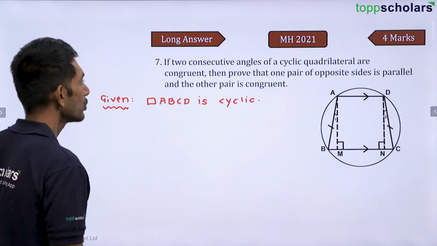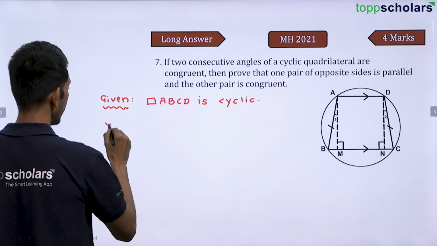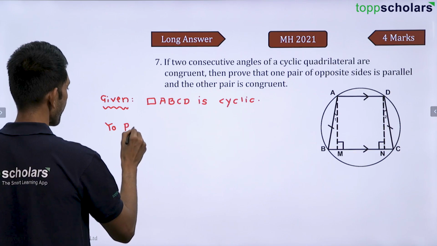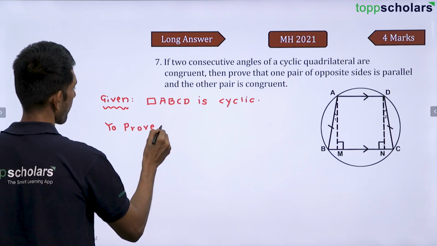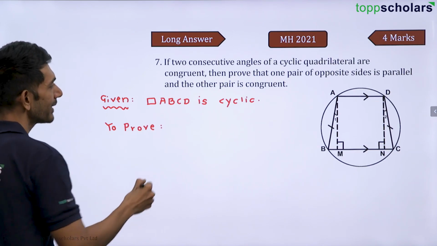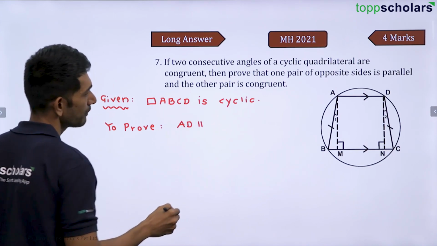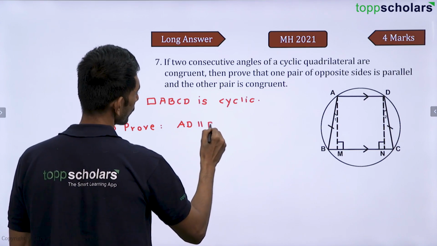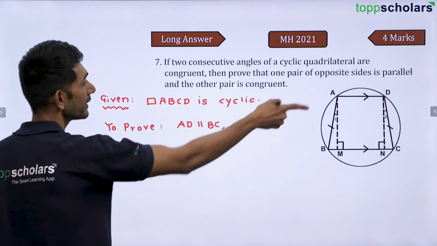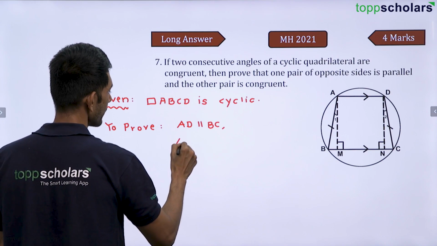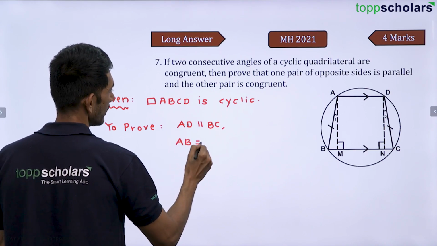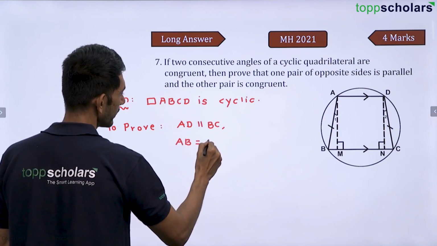Okay, so what are we supposed to prove? We are supposed to prove that one pair is parallel, that is AD is parallel to BC. This is what we are supposed to prove, and the other pair is congruent, that is AB is equal to DC.